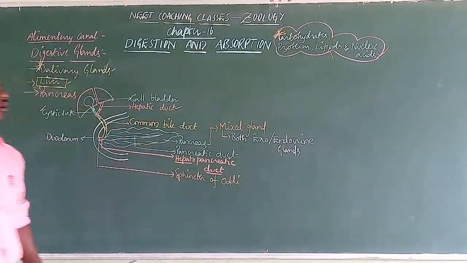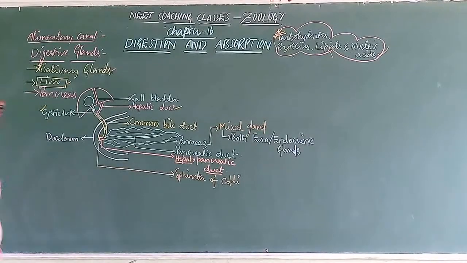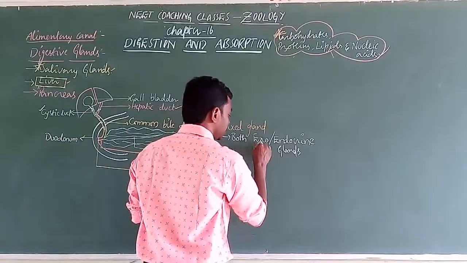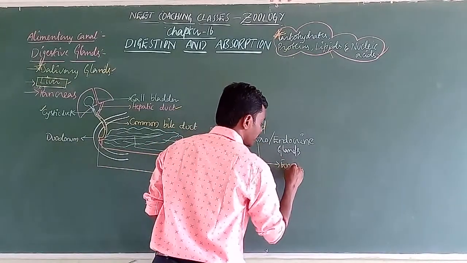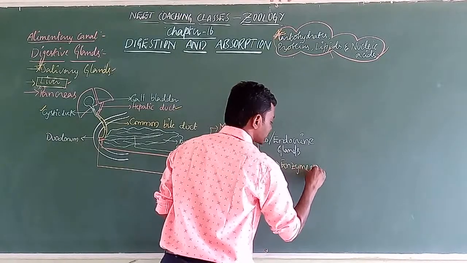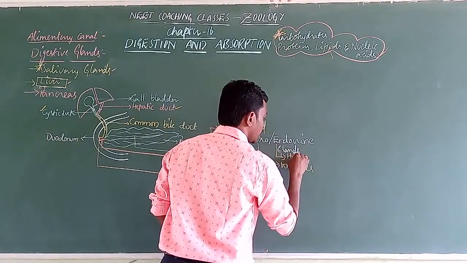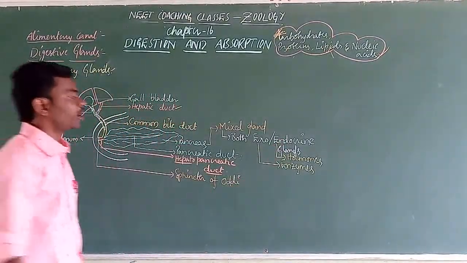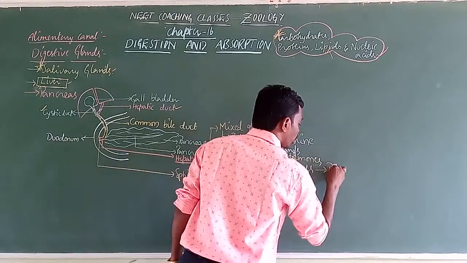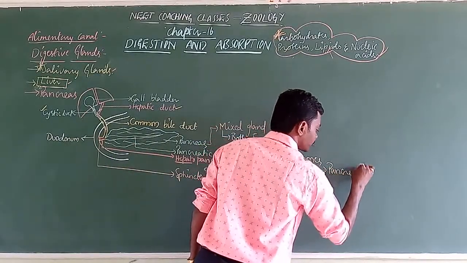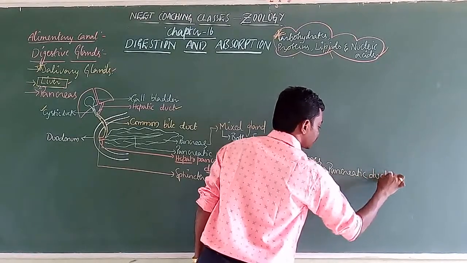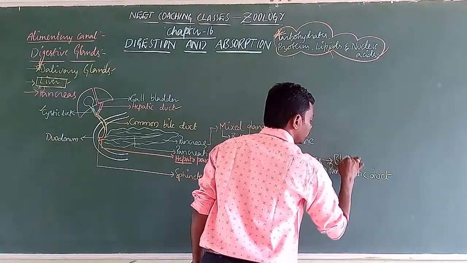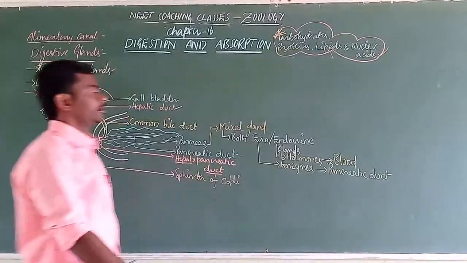It produces enzymes as well as hormones. The enzymes are transported with the help of the pancreatic duct, and at the same time, the hormones are transported by the fluid tissue called blood.